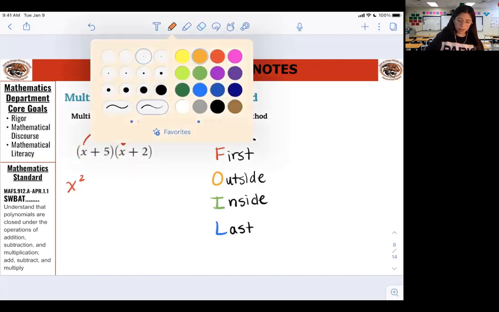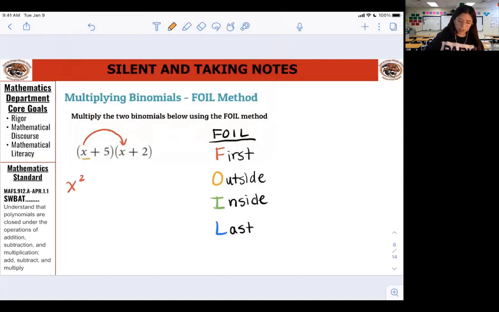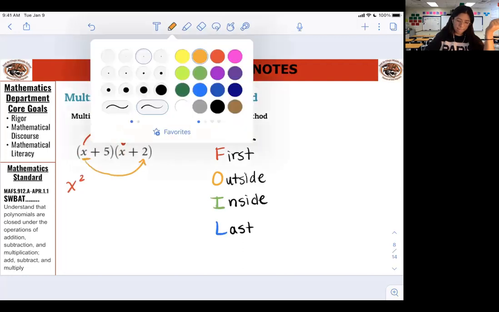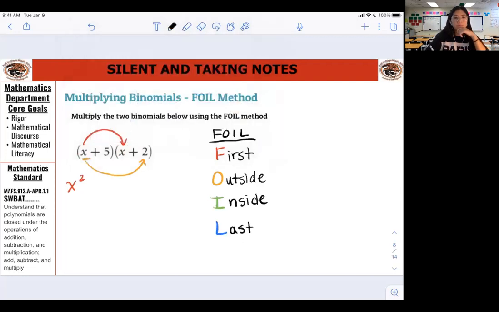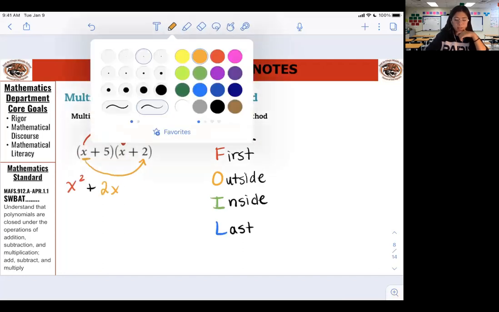Then outside. If you think about this like a sandwich, I take the buns, like the bread on the outside. So the x and the 2, those are on the outside. So now I'm doing 2 times x. What do I get? 2x.